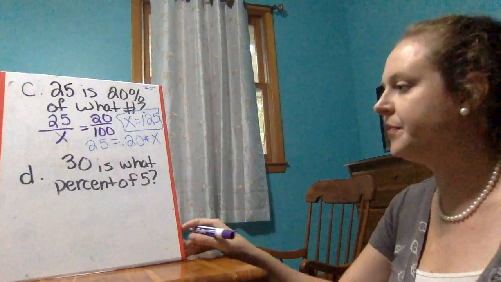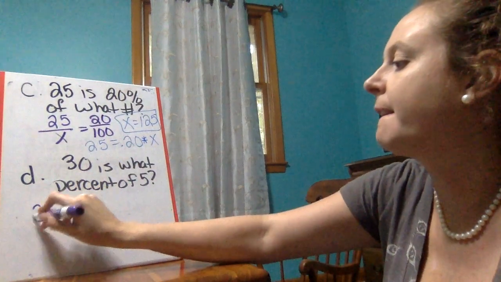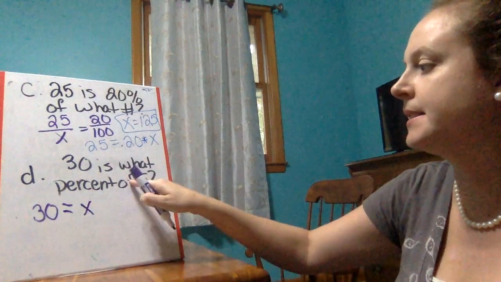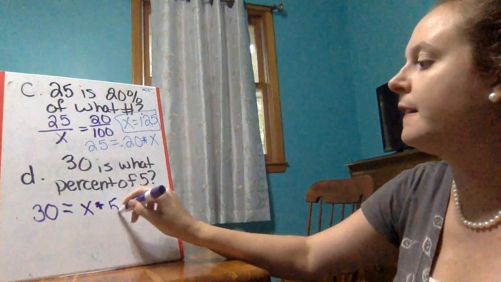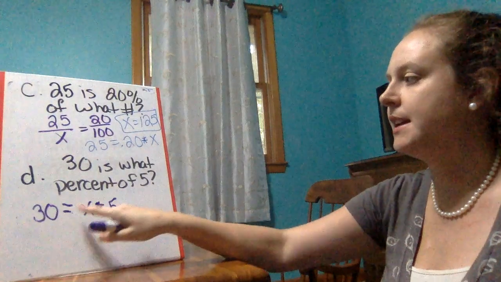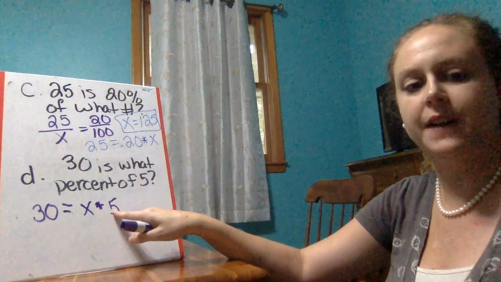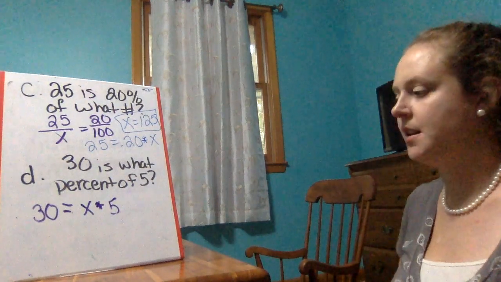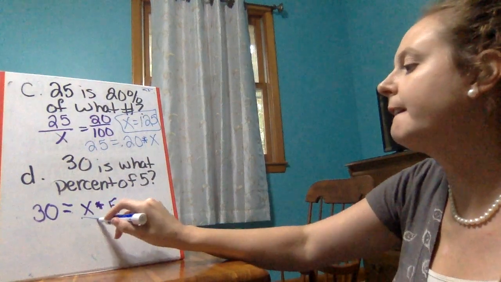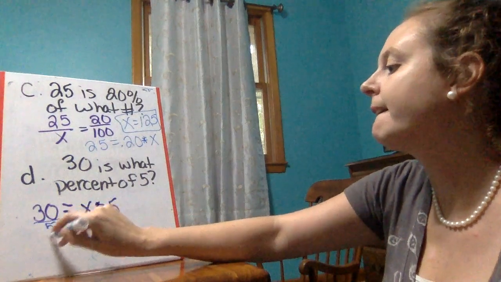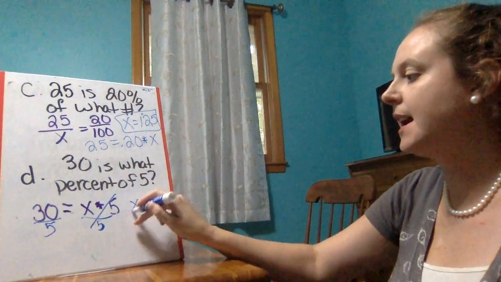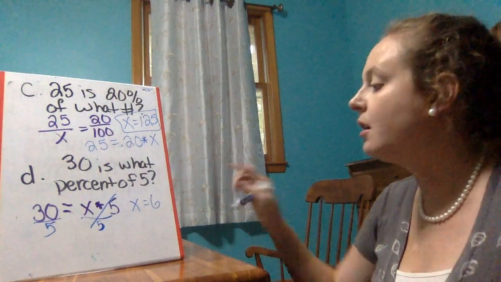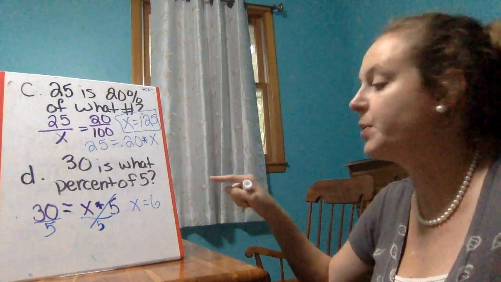So 30 is equal sign, what is x of 5? 30 is what percent of 5? Solving for x, I'm going to divide by 5. Let's cancel out. So I get x equals 6. Well, it's really tempting to leave that as 6 or write the percent sign on it as 6%.